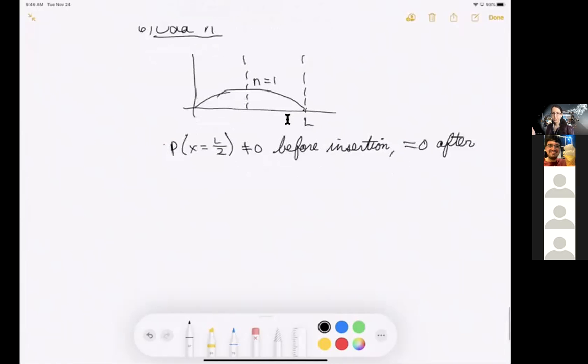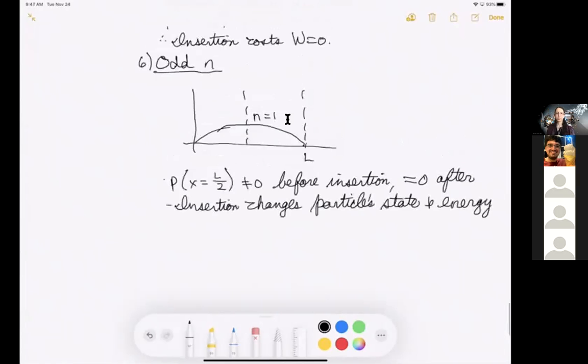So the insertion changes the particle's state. And since the particle begins in an energy eigenstate, it changes the particle's energy.